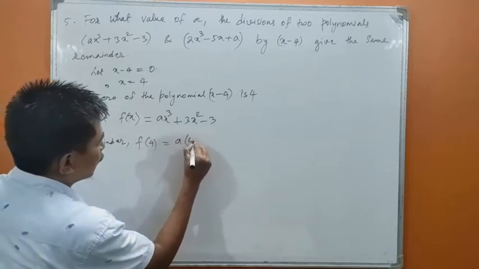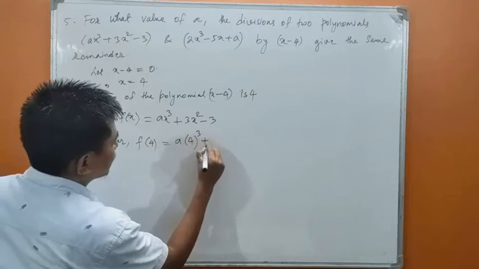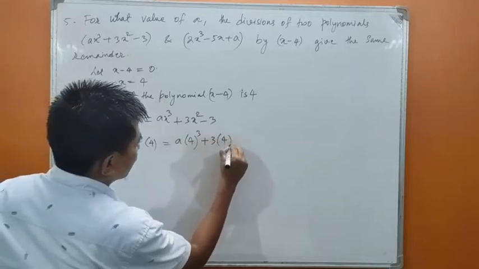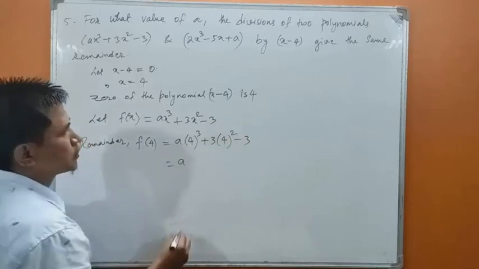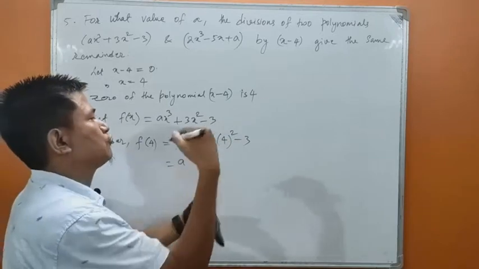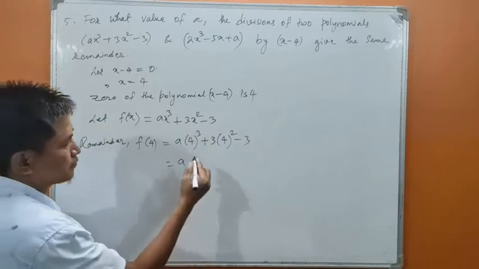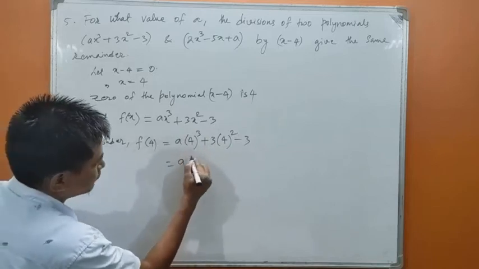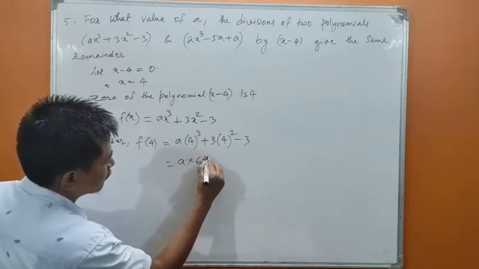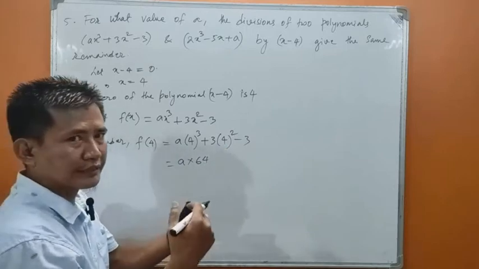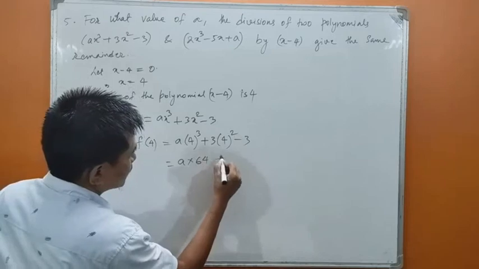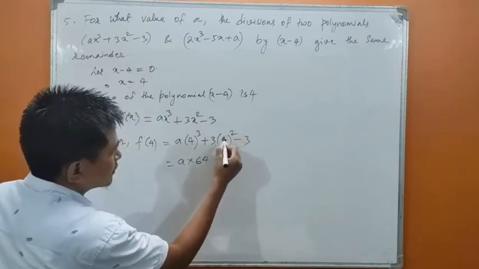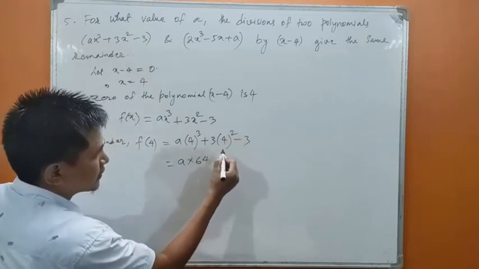a times 4 cube plus 3 times 4 square minus 3. 4 cube means 4 4s are 16, 16 4s are 64, isn't it? Plus 4 square means 16, 16 3s are 48.